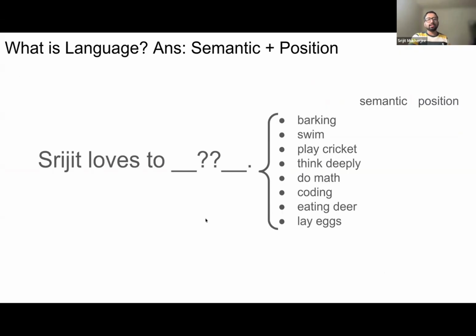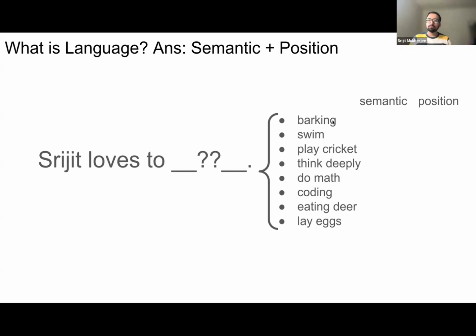Let's say there's this line: "Srijit loves to", and then a dash. In this dash, you have to fill in these words. Can we put barking here? "Srijit loves to barking." Can we put that? Yes or no?